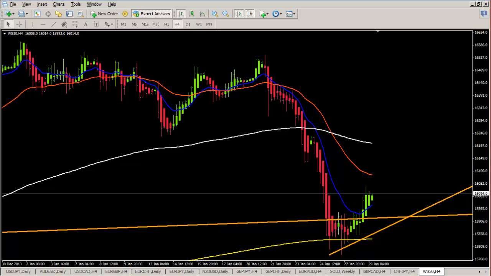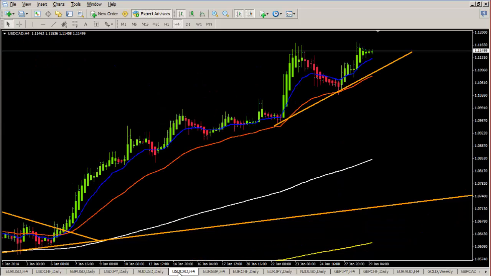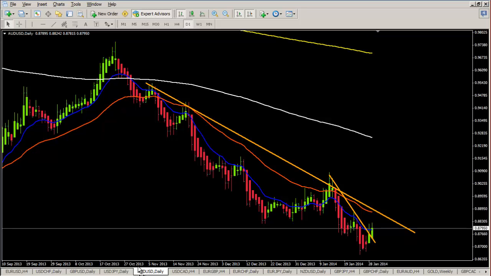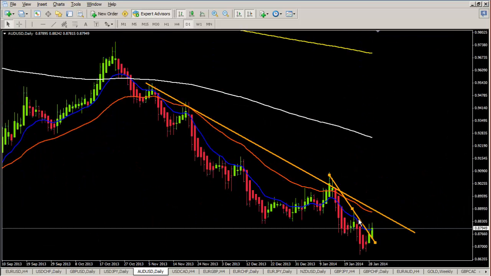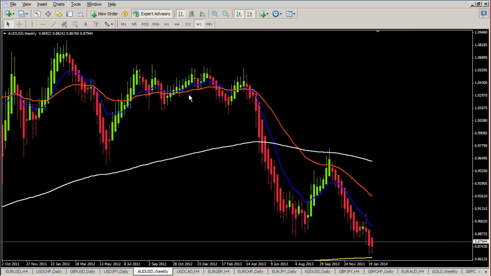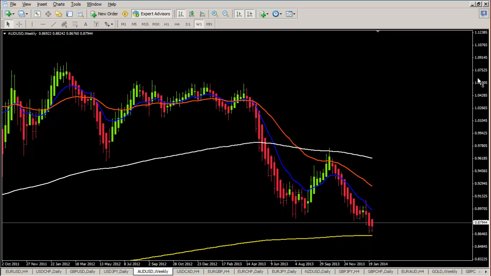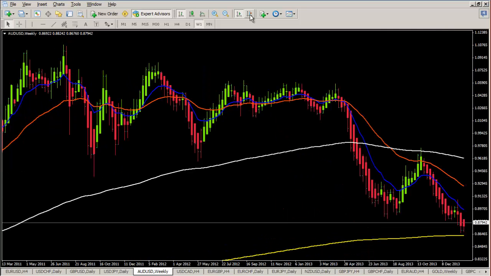Okay, now that we know what we are looking at, let us practice a little bit the lines. As I said, we choose some pairs here. Let me first go for this trending pair. Start on the weekly chart. It's Australian dollar, US dollar. And it looks like this. Some people just draw too many horizontal lines, and that will confuse you.